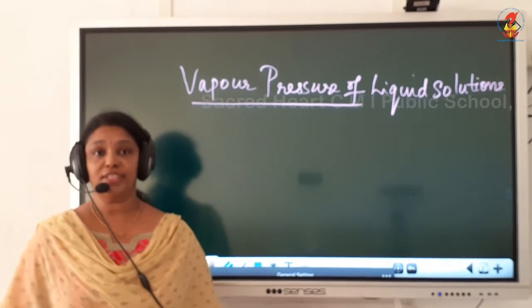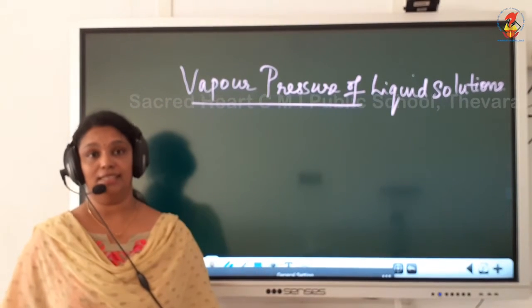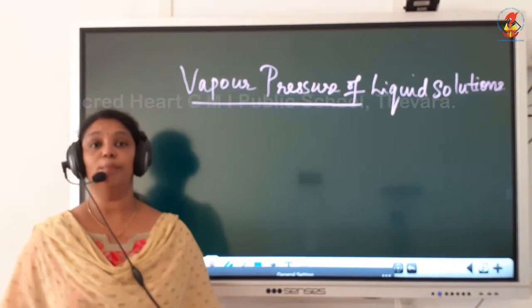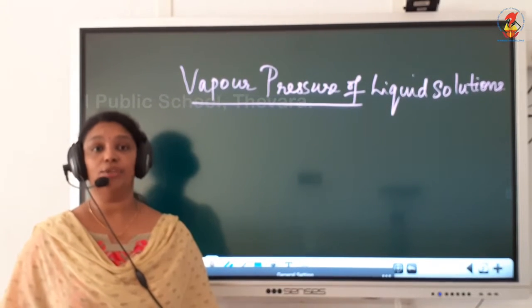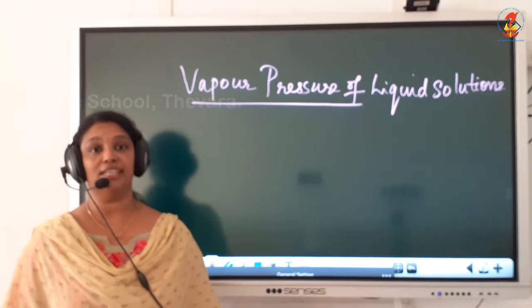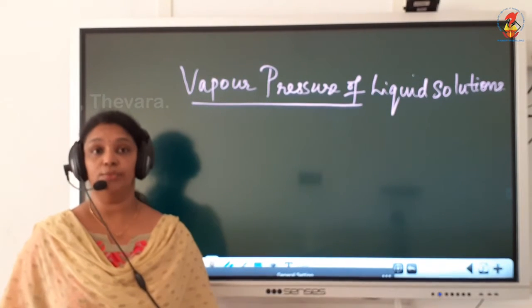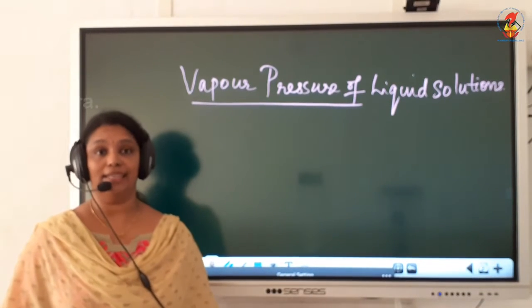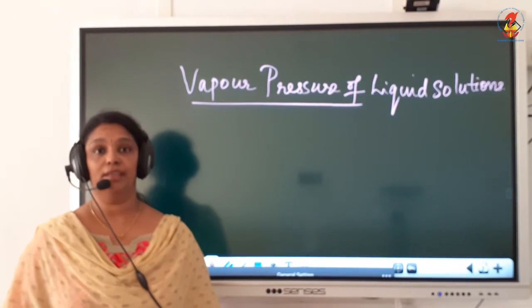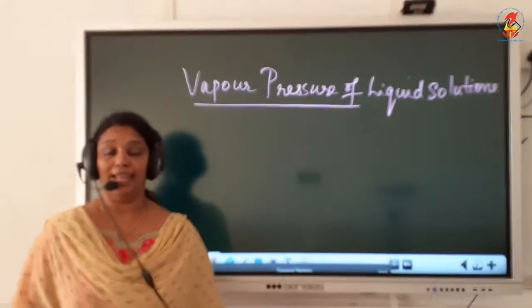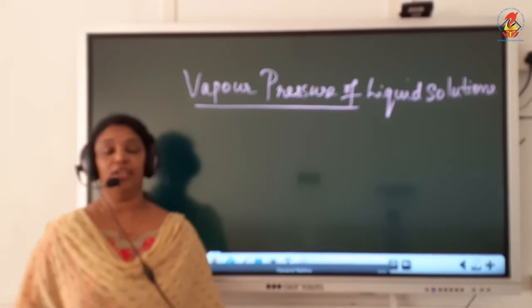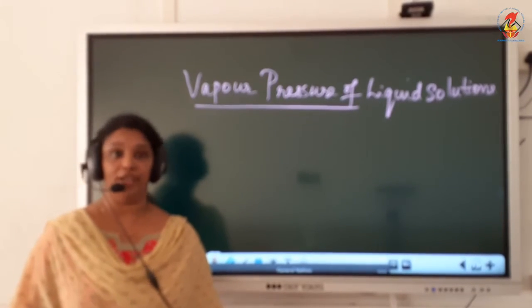Then the vapors will condense and go back into liquid state. Finally, the rate of evaporation and rate of condensation become equal, so we say that the system has attained equilibrium. The vapors present inside the container will exert a pressure, and we call that pressure vapor pressure.